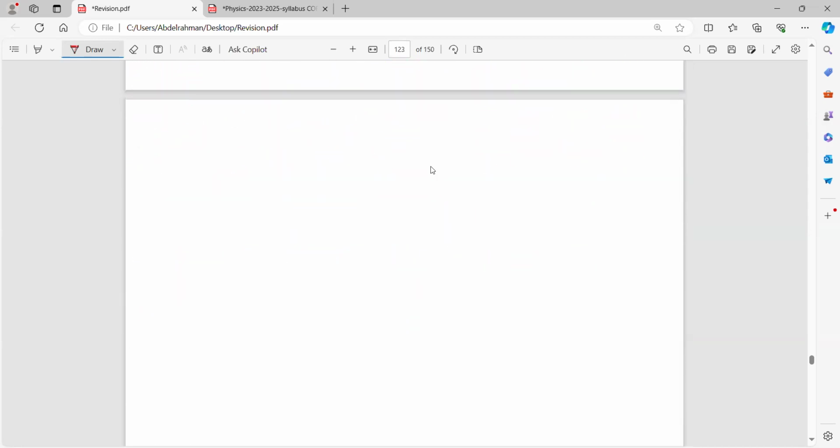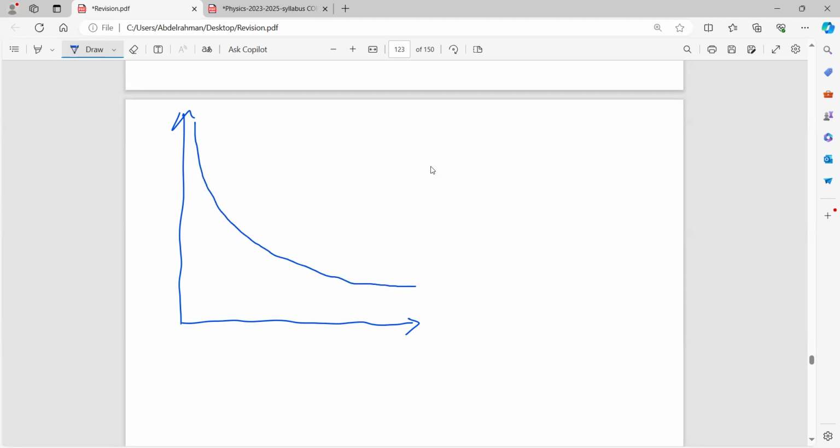Again, there's another really good question. If you had the rate of cooling, let me draw the graph of the rate of cooling. A graph of the rate of cooling would definitely be inversely proportional. From this graph, he could tell you to estimate the room temperature.